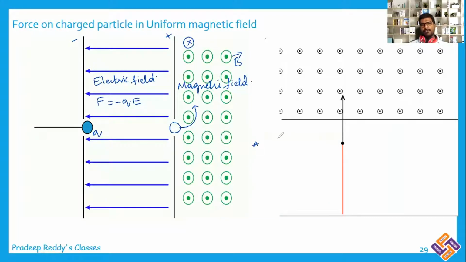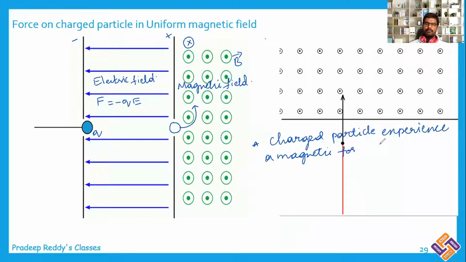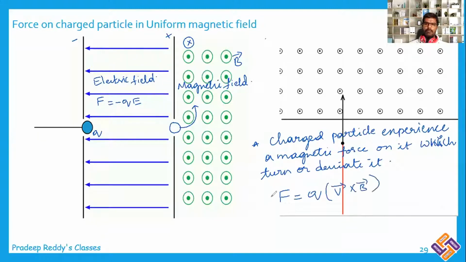So remember that a charged particle experiences a magnetic force on it which makes it turn or deviate, and that force F will be equal to Q into V bar cross B bar.